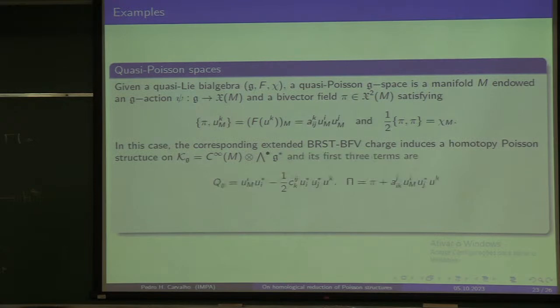And now the charge induces a structure, so the first two terms are the same because the fact that this is a co-cycle only depends on the fact that this is a co-cycle here, so it's okay. But now I can say what's the first term of the next term, and something that depends on the trivector. And maybe you may have something else, but still, you have some homotopy Poisson algebra, which depends only on the bialgebra data, right?